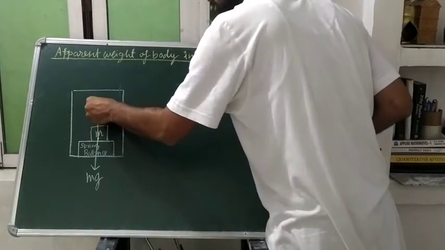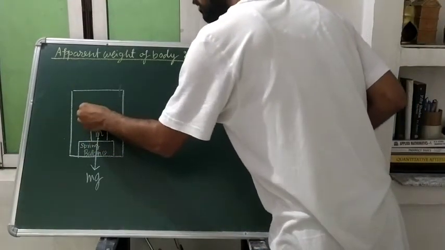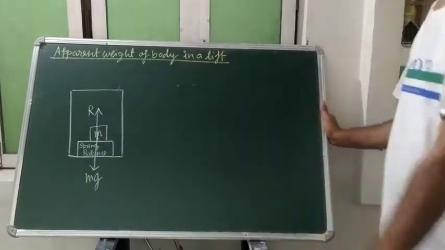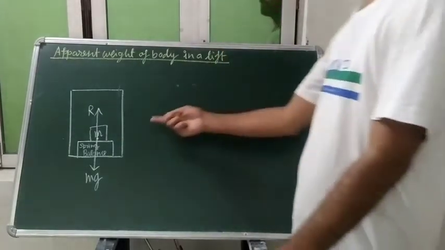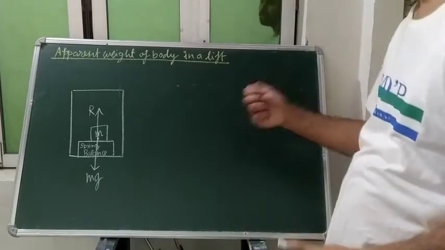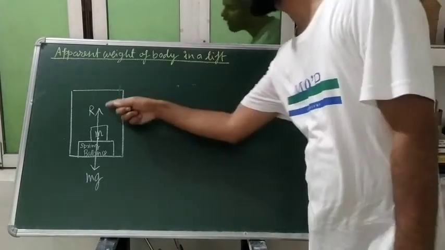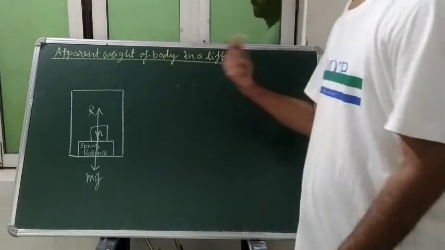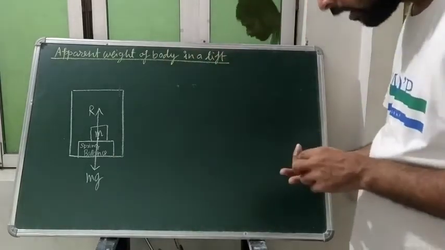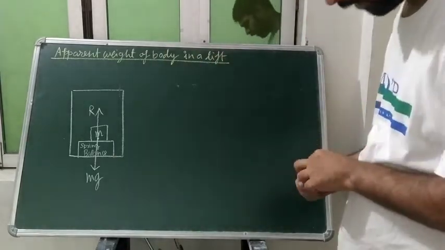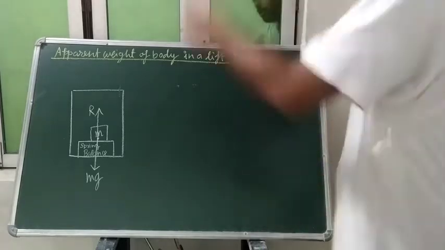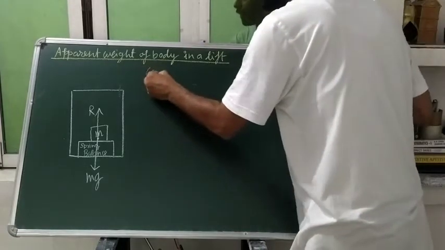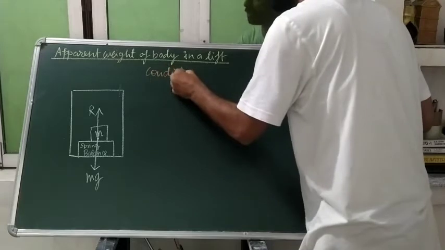This reaction will be due to the contact surface, and this reaction we will call our apparent weight. We want to study the reaction of the body, the reaction due to the contact surface, which we say is our apparent weight, student.